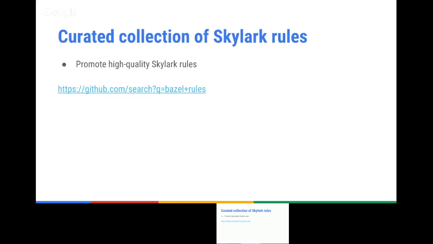There are lots of Skylark rules. If you check on GitHub with just this search request, you will find around 120 Skylark rules, and people write new Skylark rules all the time, so it's increasing quickly.